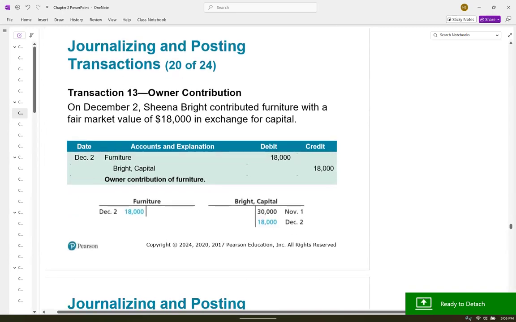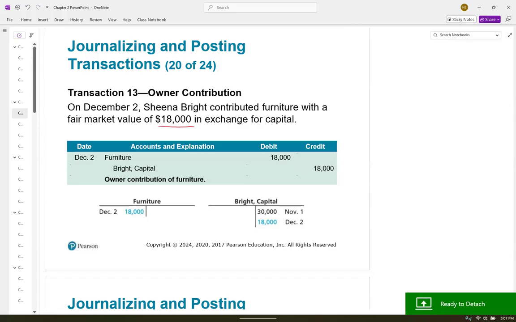Transaction 13, the owner puts some money in the business. Sometimes that happens. Business might be low on funds and the owner has to kind of shore up. Hey, we need to put some more cash in there. So this is where the owner didn't put cash. The owner actually put an asset into the business, which is perfectly fine. Okay.